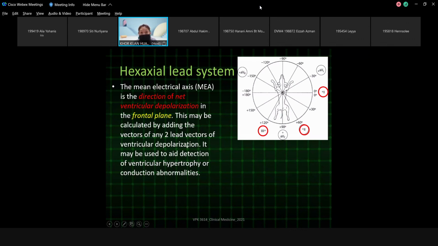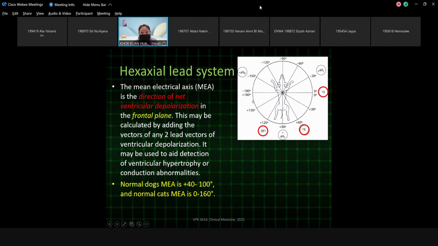The mean electrical axis only tells you where there is ventricular hypertrophy or any other issue. In dogs, the MEA is 40 here to 100 here. In cats, from here to here.